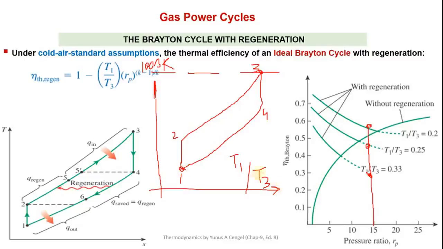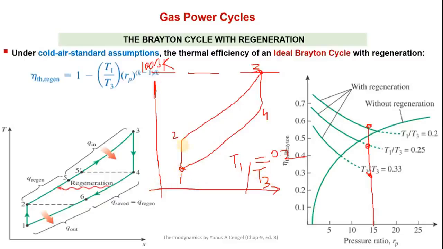By decreasing T1 for a fixed T3. So it means less air inlet temperature, which is, for example, only 0.2 times of T3. Lesser T1 by T3 means more chance of utilizing regenerator heat.